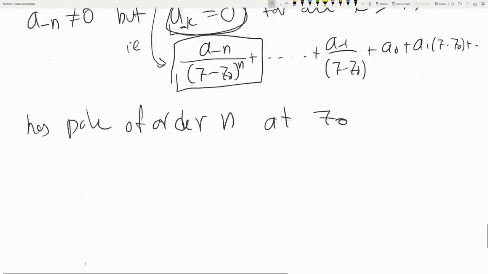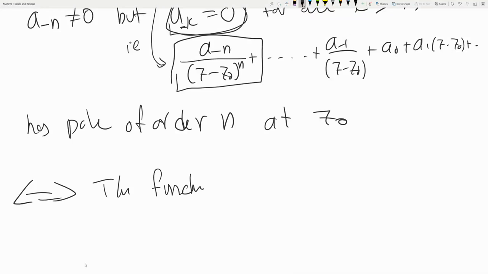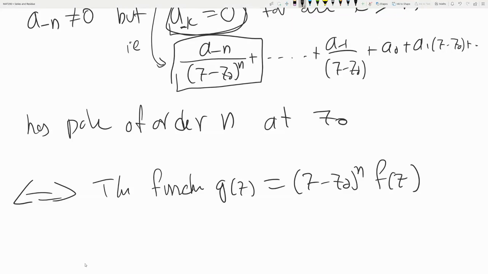As with zeros, an equivalent way is the following: the function (z minus z naught) to the n times f of z is analytic around z naught.